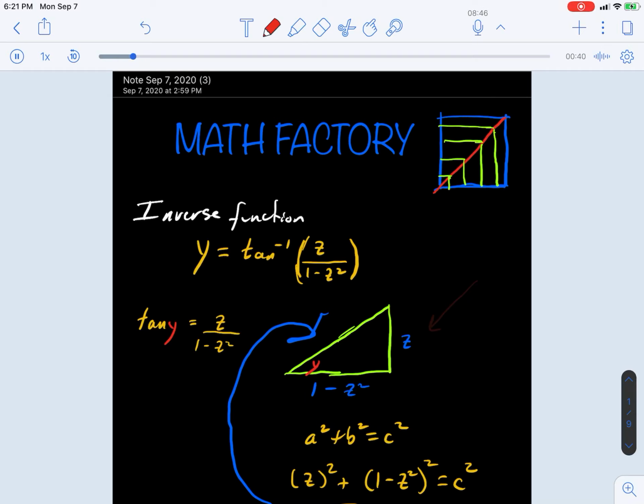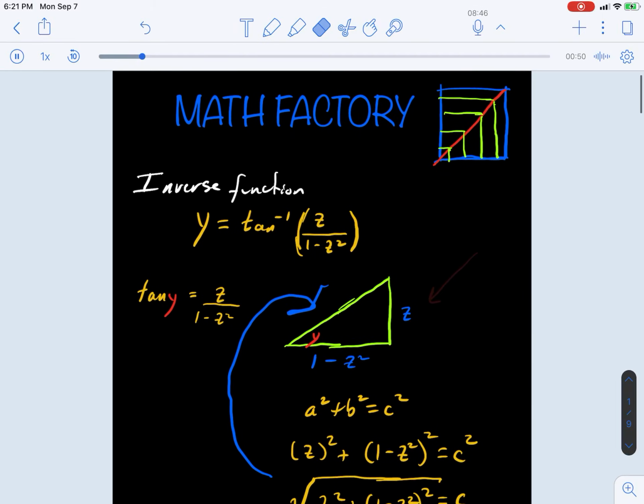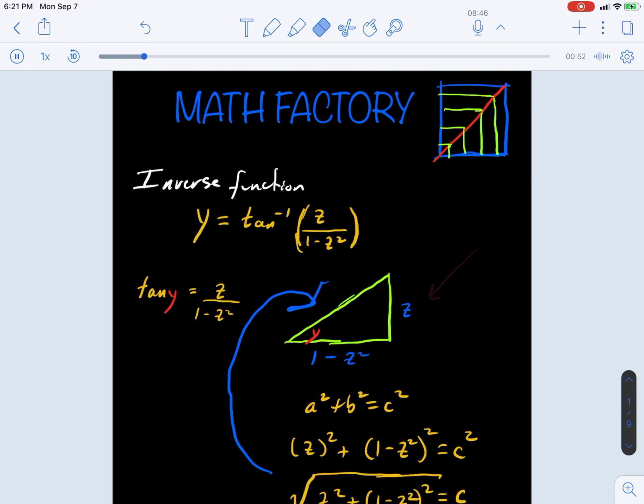So the first thing I want you to do is, when you look at this problem, consider first a relationship relating tangent of y to z divided by 1 minus z squared. So we know that tangent is the opposite side of an angle divided by the adjacent side.